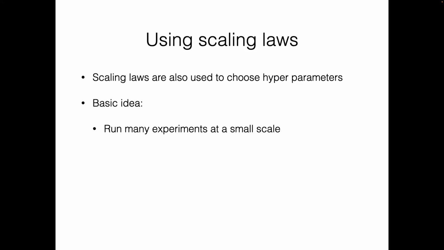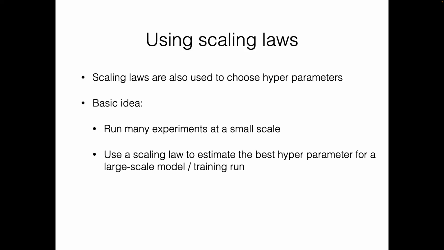The basic idea here is you can run many experiments at a relatively small scale. And then you want to determine what the hyperparameters will be for your massive final training run with a really large scale model. So you'll try to use one of these projections to project what will be the best hyperparameter for the large scale run.